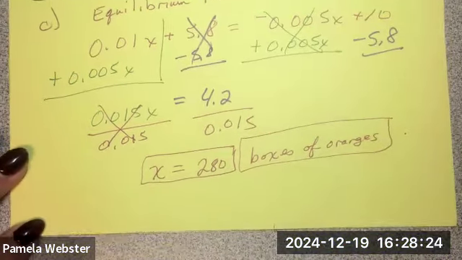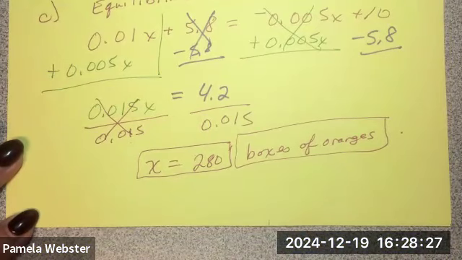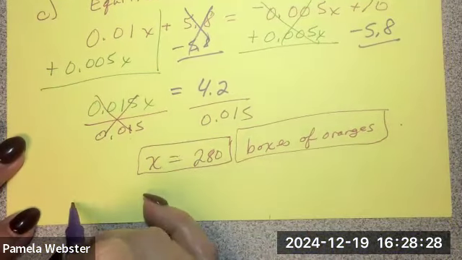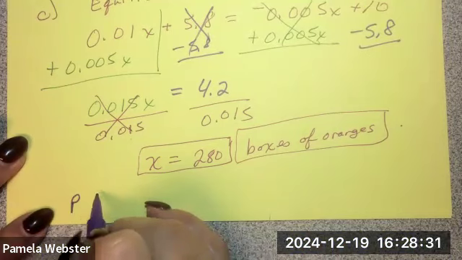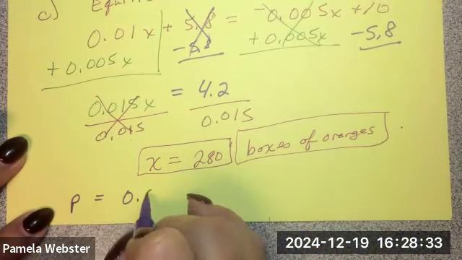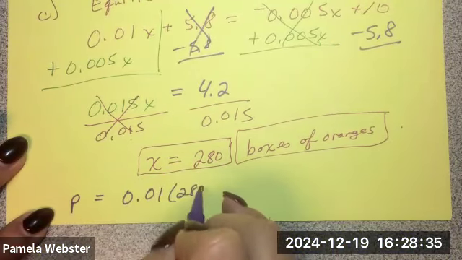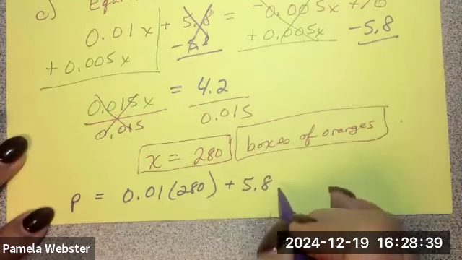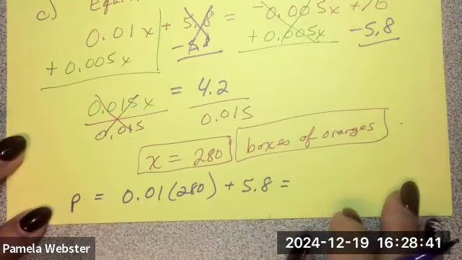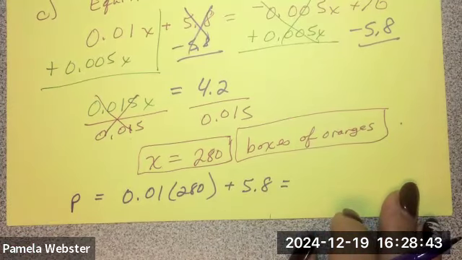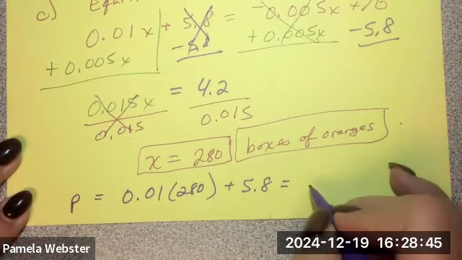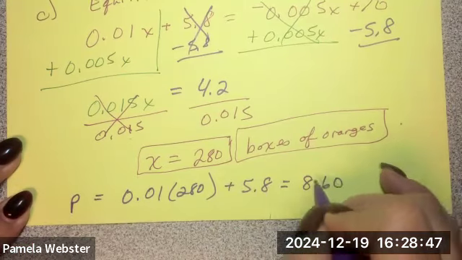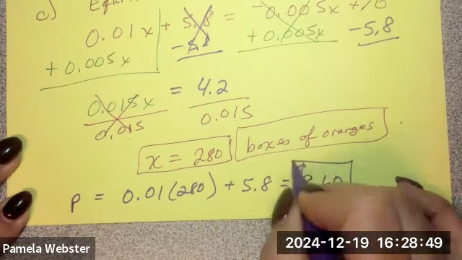And the very last thing is you can use either of these, price supply or price demand, to figure out what the price needs to be, just by plugging in the 280. So if you multiply that out, add the 5.8, it's $8.60.